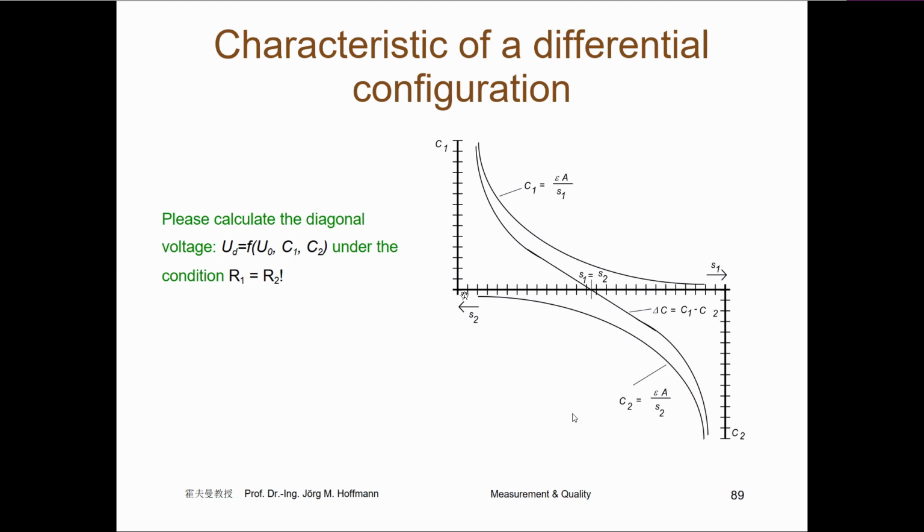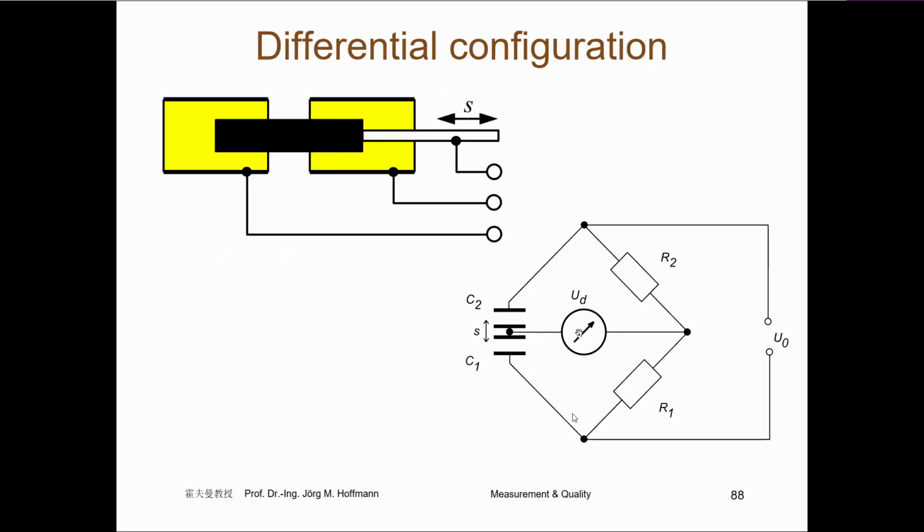But because both capacities are part of a bridge, in this case a half bridge with two sensors, these sensors build the difference between both sides.